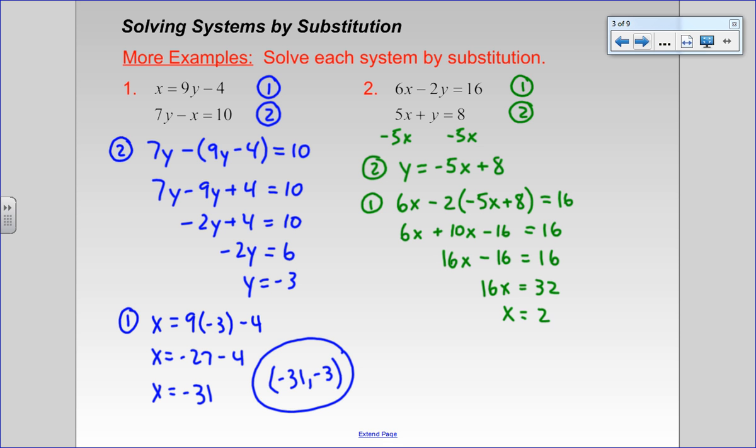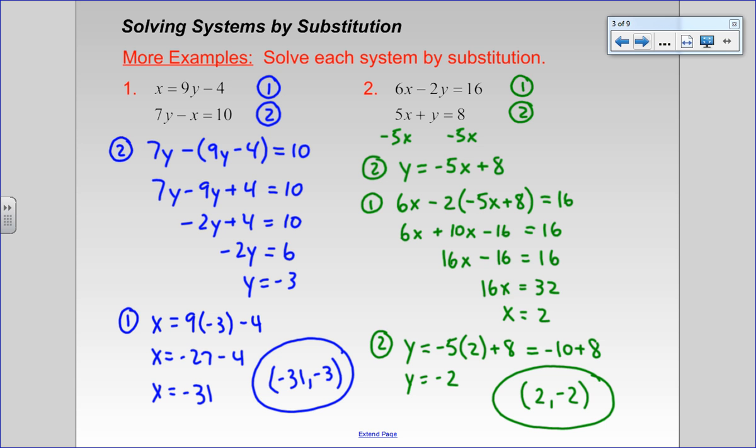So we have x equals 2, and we can substitute back into equation 2 to solve for y. So y is negative 2. Therefore, the solution of our system is the ordered pair 2, negative 2, indicating that, yes, again, we have two lines intersecting at one point.